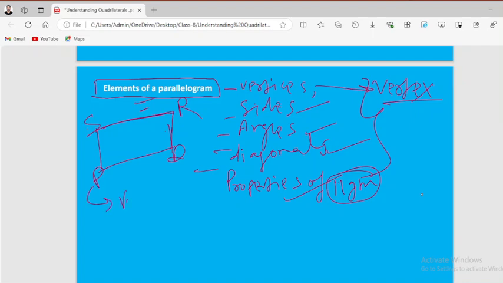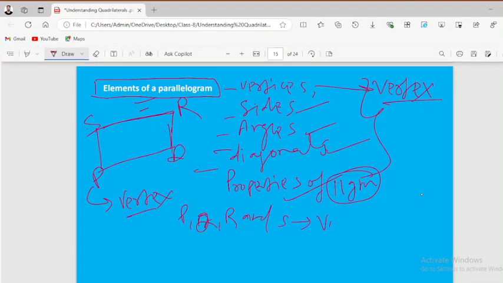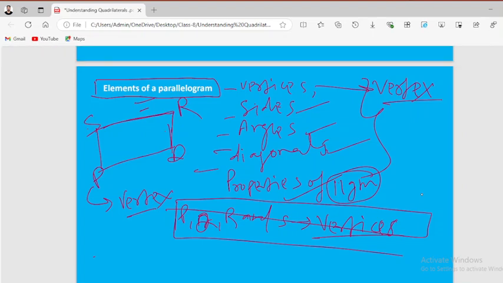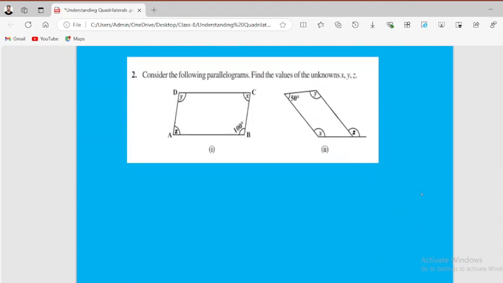So P is a vertex, and if we want to represent them together, P, Q, R and S, all these are the vertices. In the same way, you can represent sides, angles, diagonals, which we have discussed above in this video. So basically these are the elements.